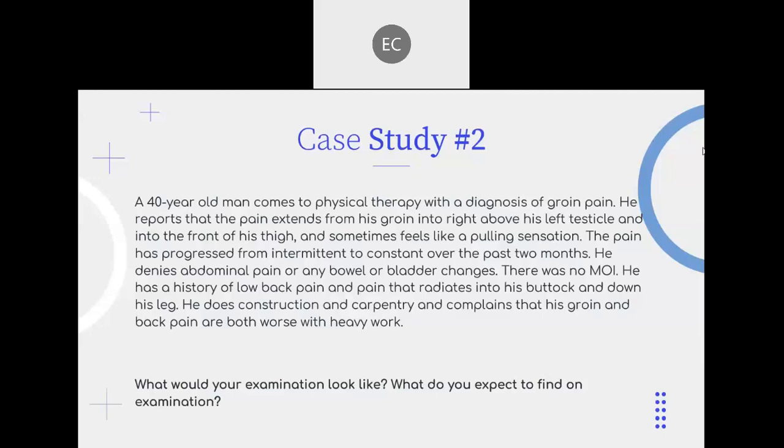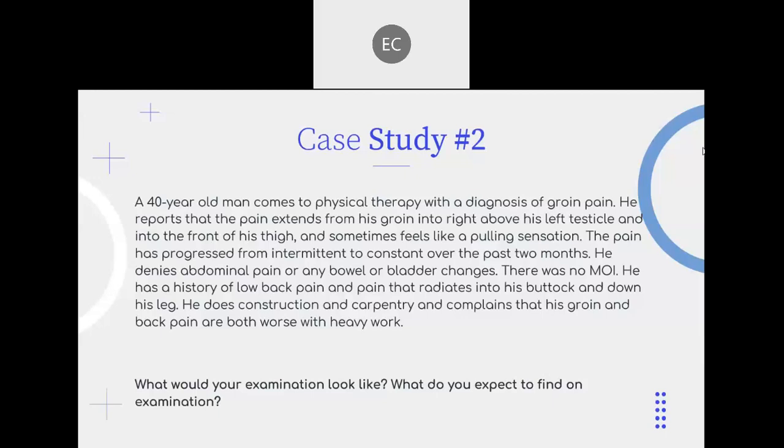I would maybe do some nerve tests, check for slump or maybe femoral stretch, since it's in the front. Laslett's cluster for SI joint pain, since that can sometimes also cause radiating pain, maybe not to the foot, but to the knee in the back. And then maybe a modified Thomas test to check his hip flexor mobility.